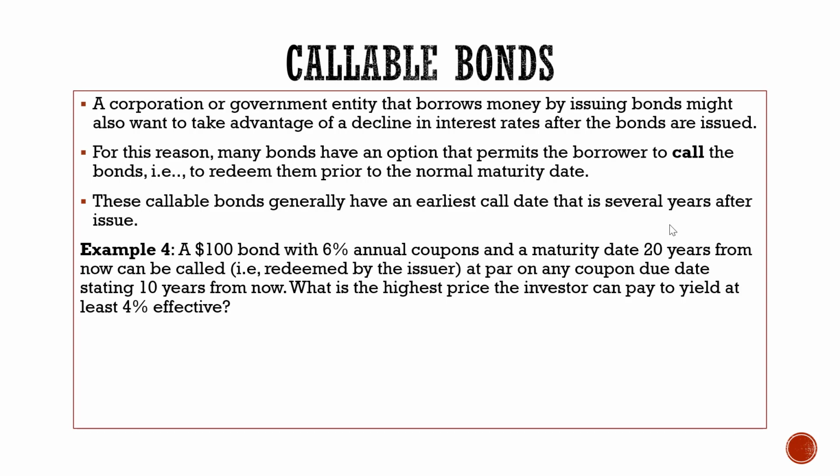So that means even though the maturity date is 20 years from now, after 10 years the bond can be called anytime. So what is the highest price the investor can pay to yield at least 4% effective?